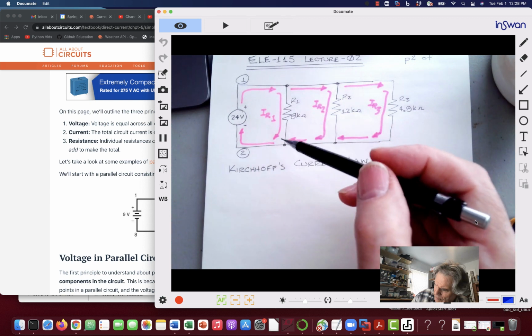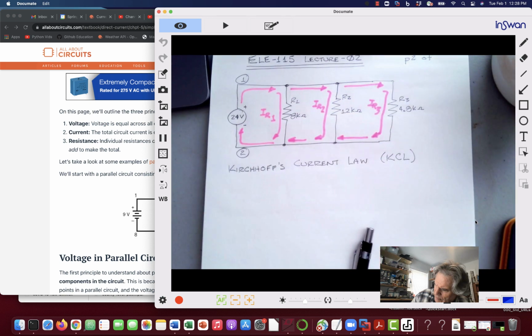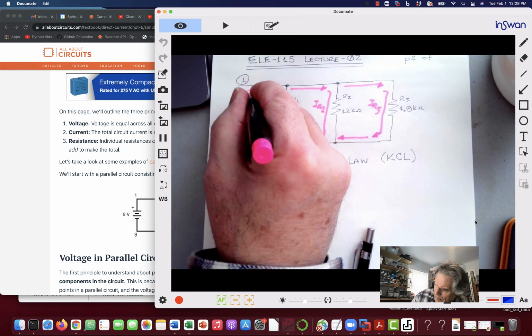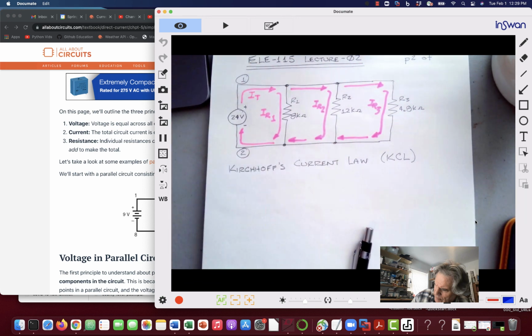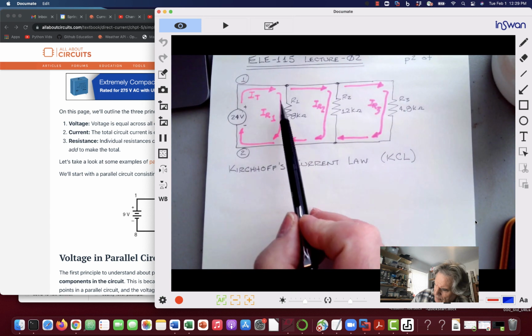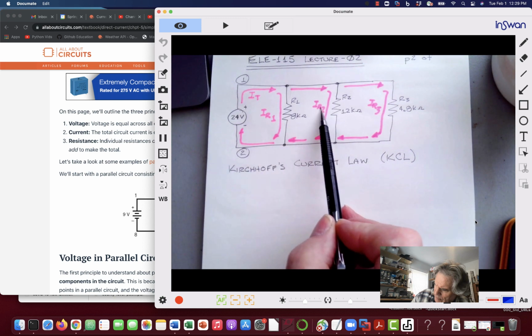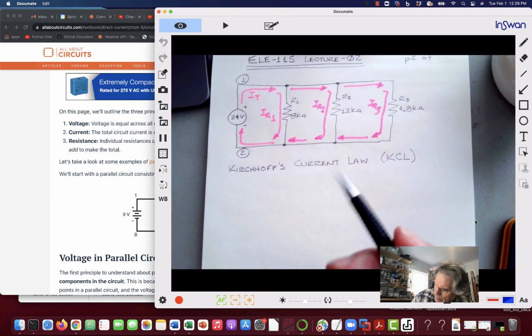And in this node, there is one current flowing into it, which is IT. And there's IR1, IR2, and IR3 flowing out of it.